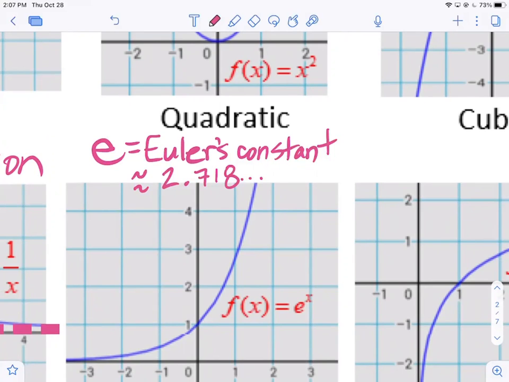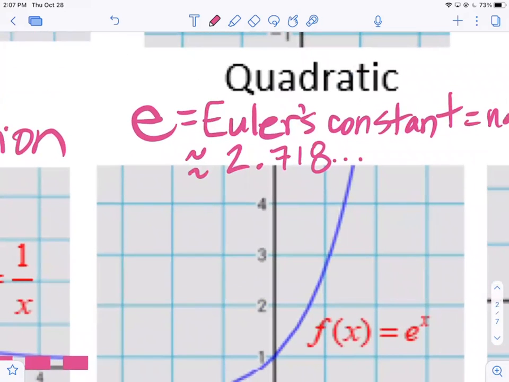Sometimes this is called the banker's number because of compound interest. This would be the rate at which money grows when it's compounded continuously. Populations grow according to this number. So it's called the natural base as well. Euler's constant or the natural base. It shows up in nature quite a bit. There are a lot of different algebraic ways to write e, but Euler discovered it doing accelerated compound interest.